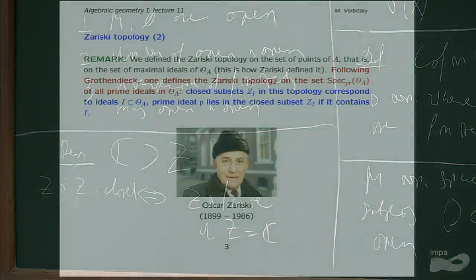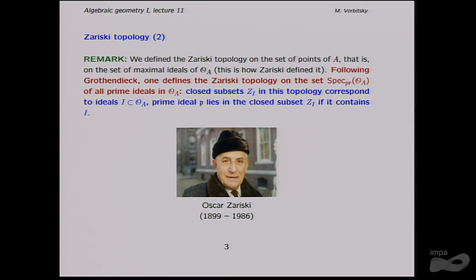This is the picture of Zariski, and the important thing is that this was the idea of Zariski, and he was interested in maximal ideals. But if you do algebraic geometry properly, you don't work with maximal ideals. The problem with maximal ideals is that they are not functorial. If you have a map from A to B, you have a map from functions on B to functions on A. But then the preimage of a maximal ideal can be a prime ideal.